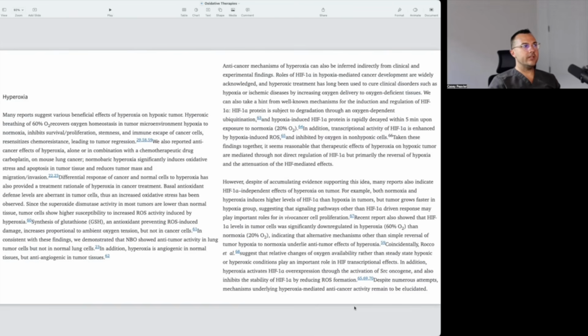However, despite accumulating evidence supporting this idea, many reports also indicate HIF-1 alpha independent effects of hyperoxia on tumor. For example, both normoxia and hyperoxia induce higher levels of HIF-1 alpha than hypoxia in tumors, but tumors grow faster in hypoxic groups, suggesting that signaling pathways other than HIF-1 alpha driven response may be playing an important role for in vivo cancer cell proliferation.